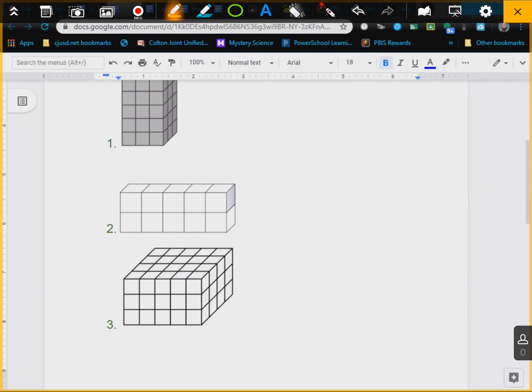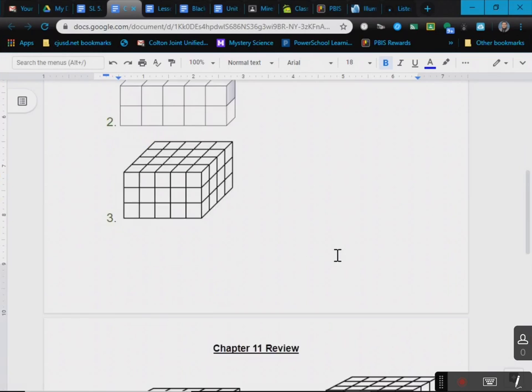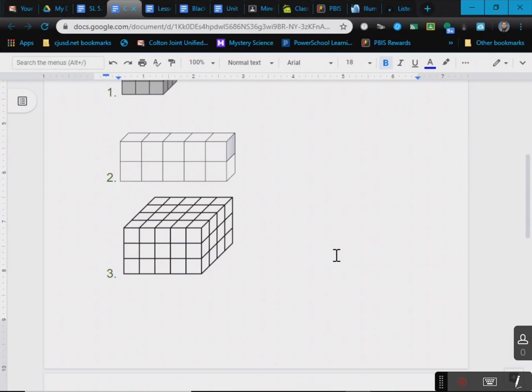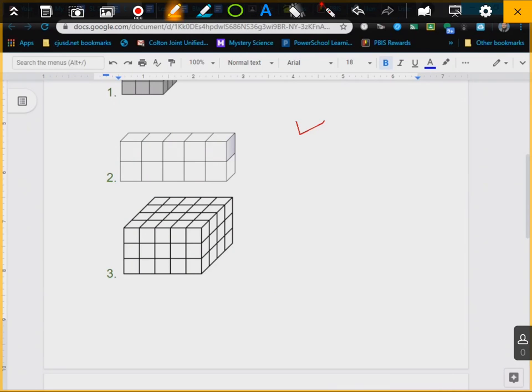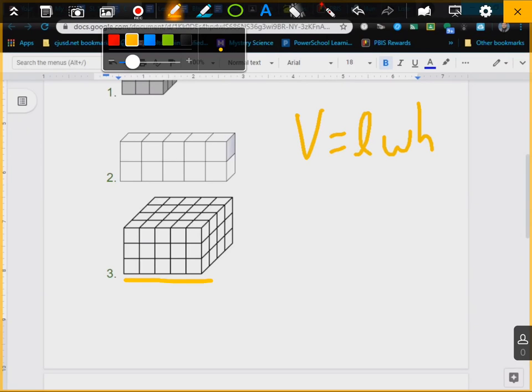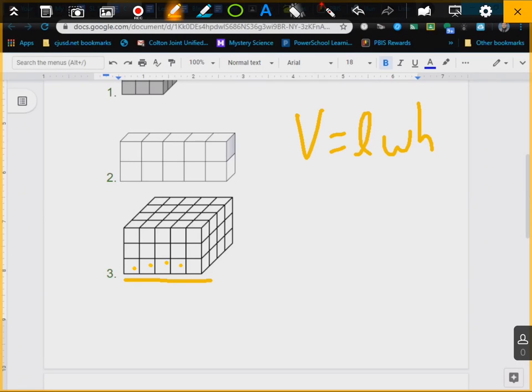Okay, so let's go ahead and do number 3. I'm just going to do it the volume way. Volume equals length times width times height. The length here, let's count it together. 1, 2, 3, 4, 5. The width is right here. 1, 2, 3, 4.